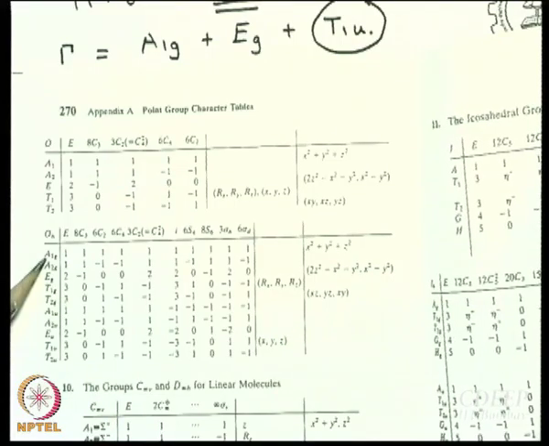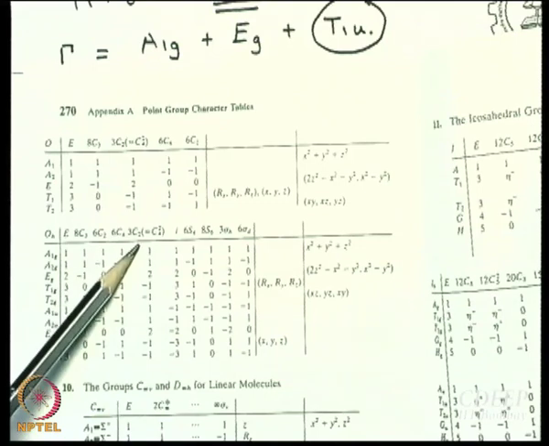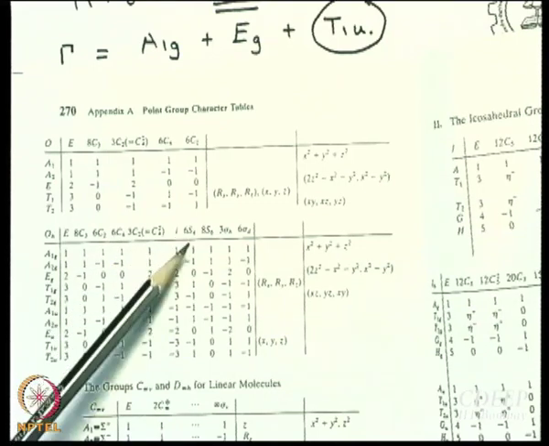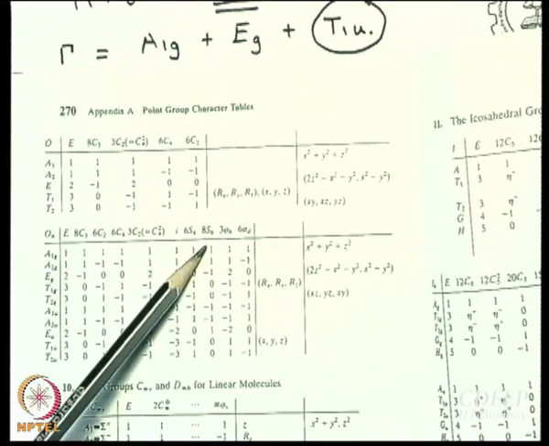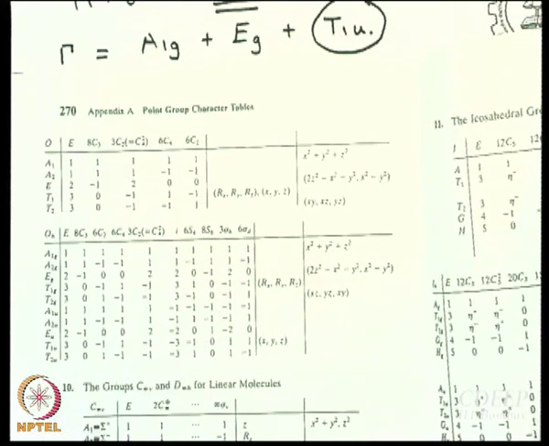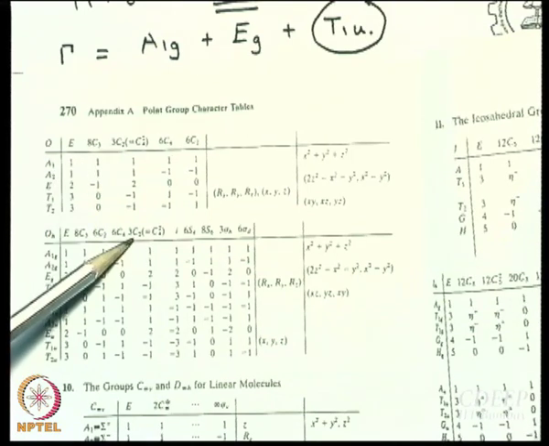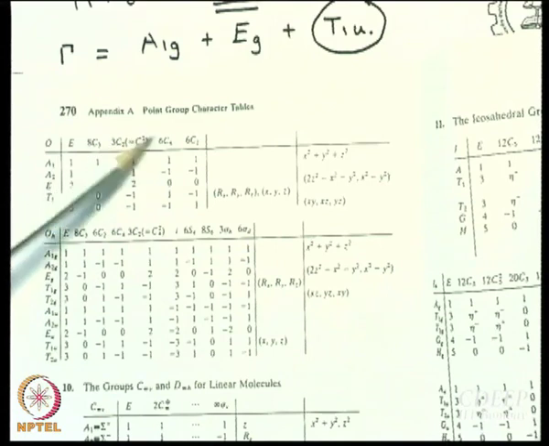What do we have in Oh? We have E, 8C3, 6C2, 6C4, 3C2, i, 6S4, 8S6, 3 sigma h, 6 sigma d, 48. What do we have in O? E, 8C3, 3C2 equal to C4 squared, 6C4, 6C2.